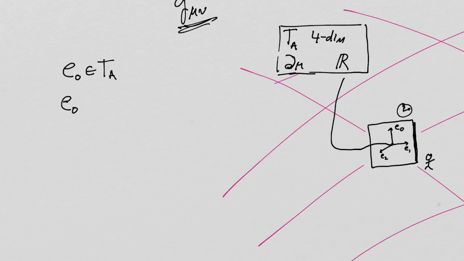E0 has got to be described as a set of components times the basis vectors that we use in our bird's eye view. Well, what are we going to call those components? If the name of the vector is E0, indicating it is her zero vector, it's still a vector in the tangent space. It must be decomposable into these components. So this has to have its own components, which we are going to call E0 mu.